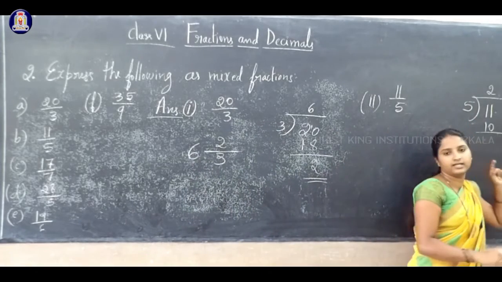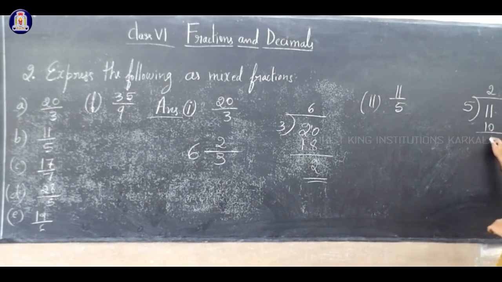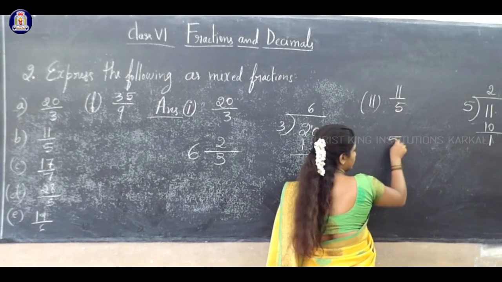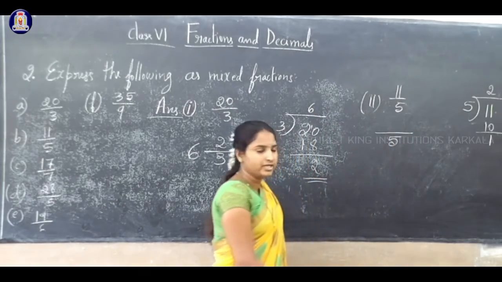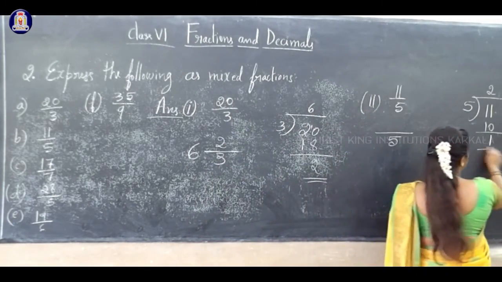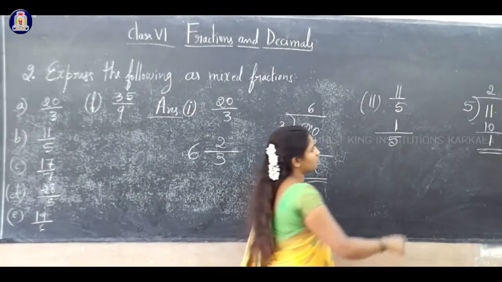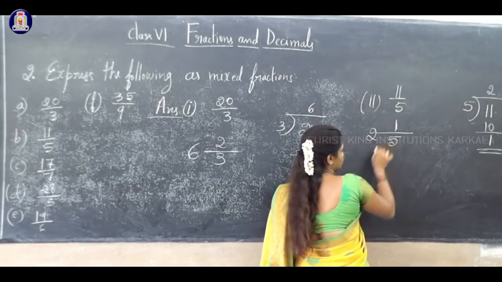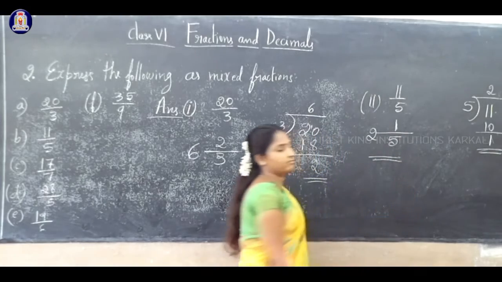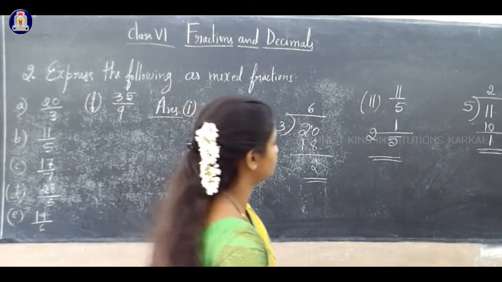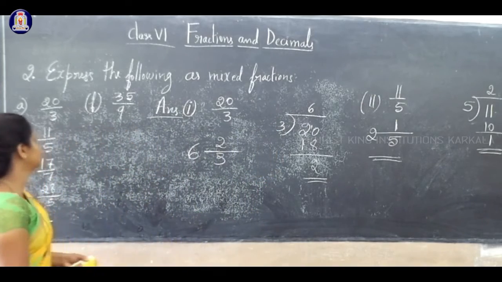Subtracting, 11 minus 10 is 1. The denominator is 5, as it is. The remainder is 1, which goes in the numerator, and the quotient is 2. So the answer is 2 1 by 5, a mixed fraction.